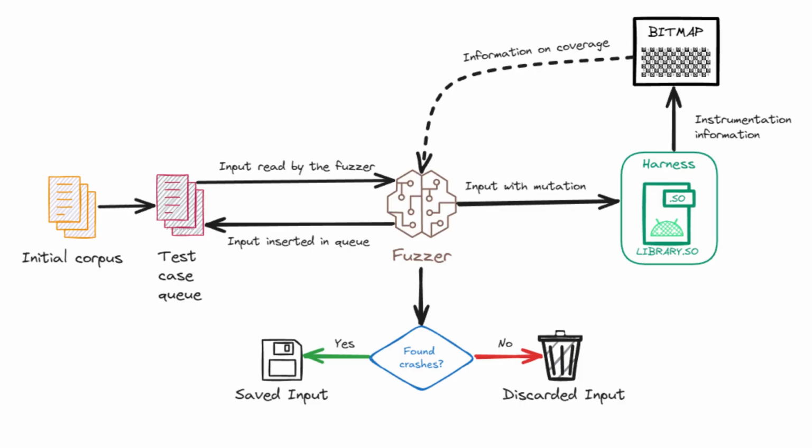If an input causes the program to execute previously unseen code, that input is considered interesting and saved for future mutations. This creates a feedback loop where successful discoveries guide future exploration. Over time, the fuzzer gradually expands coverage across the program, exploring deeper and more complex execution paths.